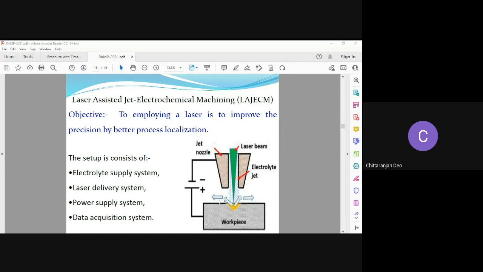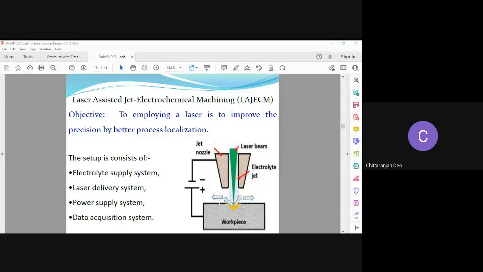Due to this increase of temperature, the dissolution takes place at the specific area, and material removal takes place only at that specific point.